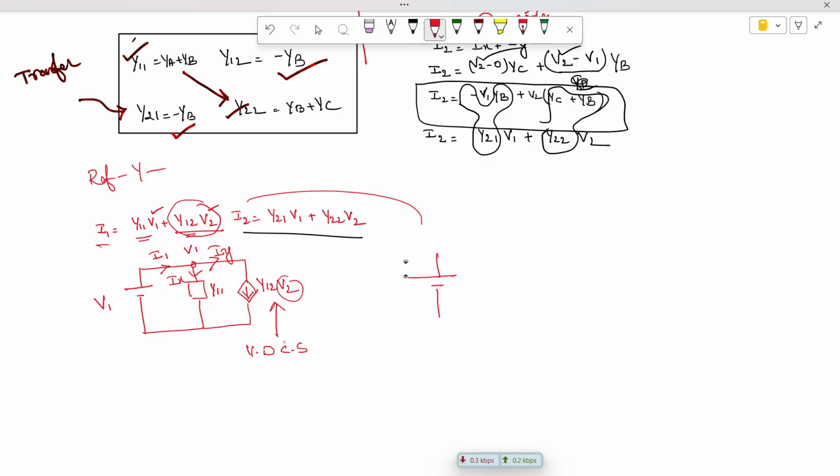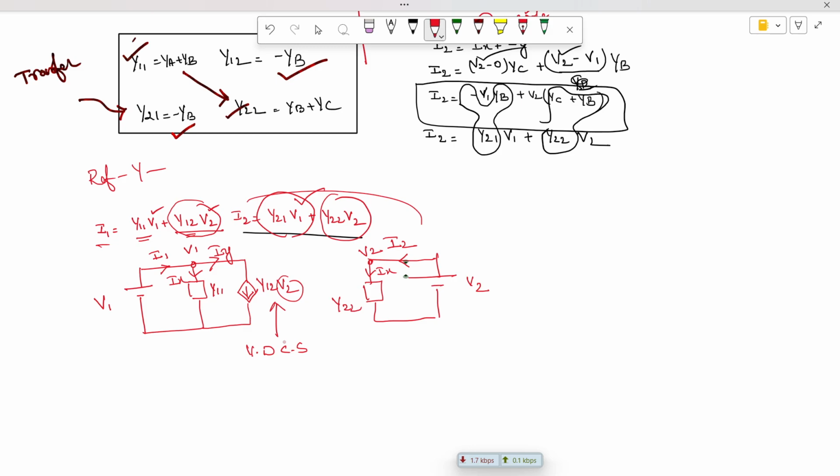So this is v2, and the current is I2. And what is the self admittance? Here we are going to have a self admittance of Y22. What is the voltage magnitude? V2. Okay, and this is one current, mark this current as ix, and there is one more element referring to the input port, but it is there in the output port.